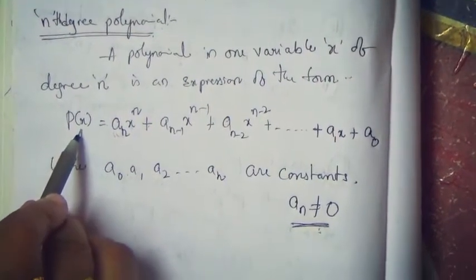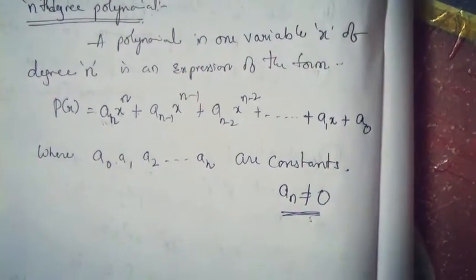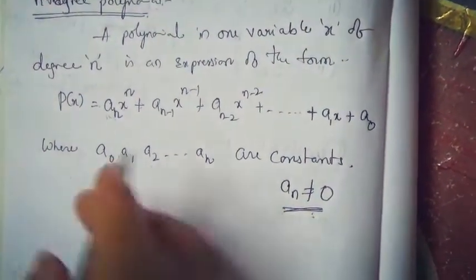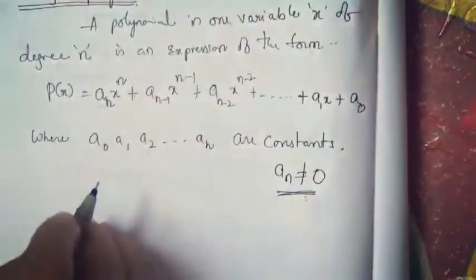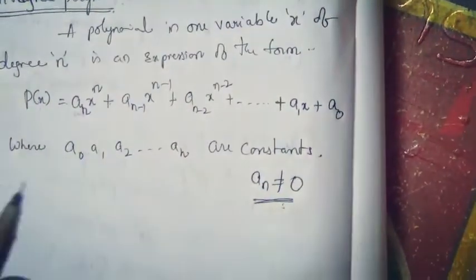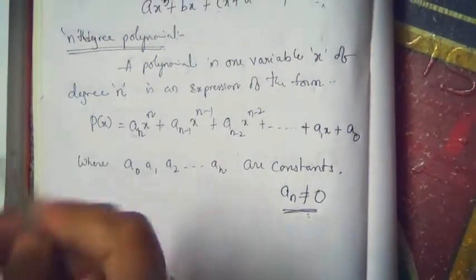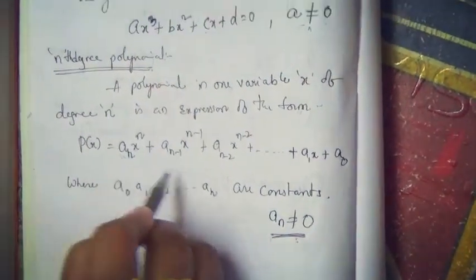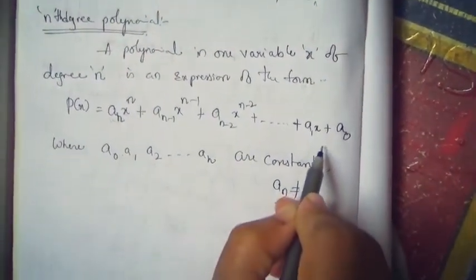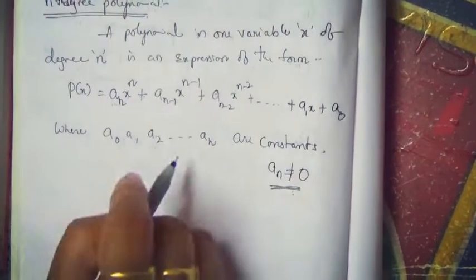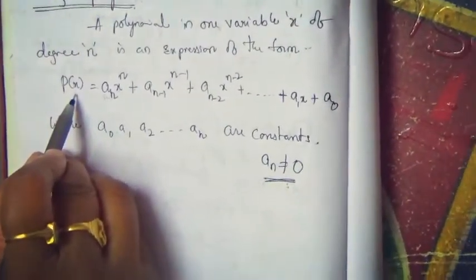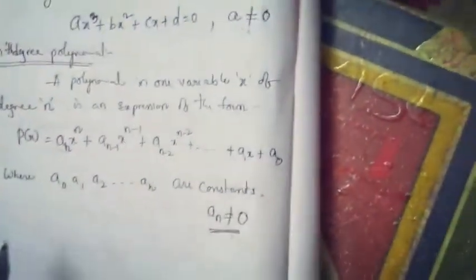In the place of this x you can write y, you can write z, but you should use only one variable throughout the equation. If we are using this polynomial, x is the variable, so we have to use x in all the terms. If you want L as the variable for this equation, you just use that L throughout the expression.